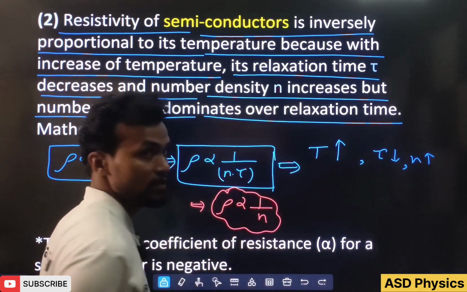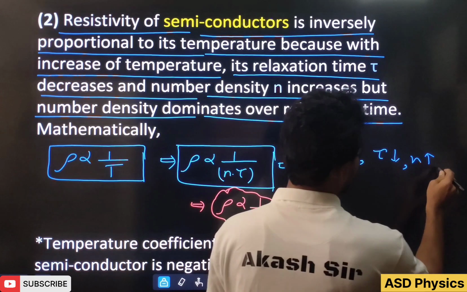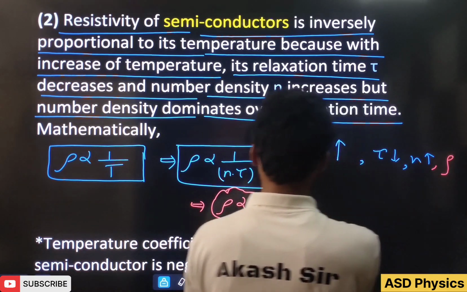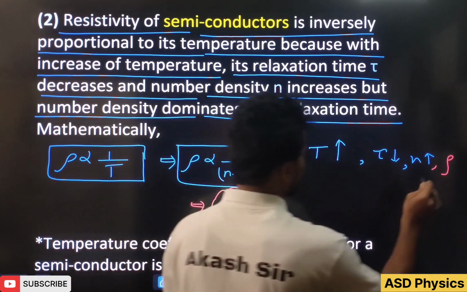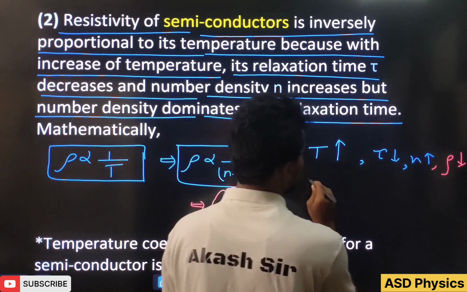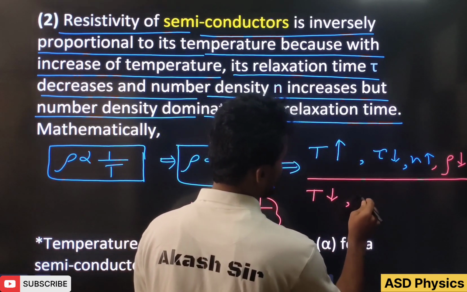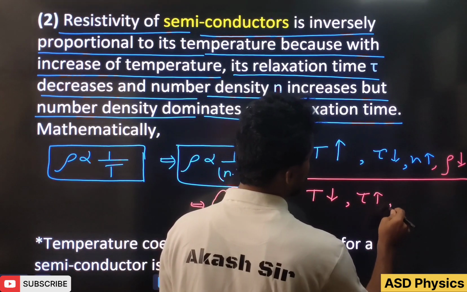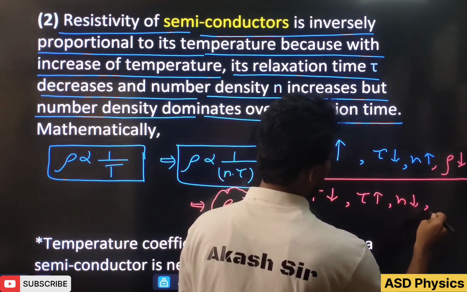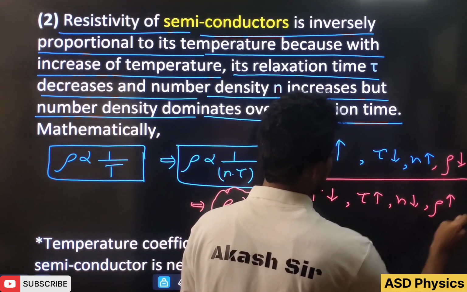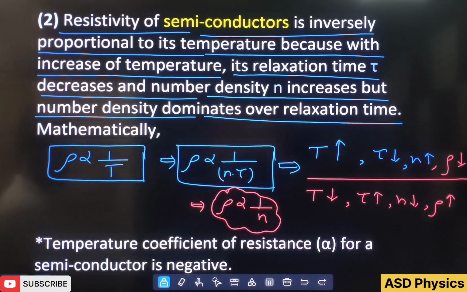As n is increasing, rho will decrease. With the decrease of the temperature also the same thing will happen. Temperature decreases, tau will increase, n will decrease, so the resistivity will increase. Students, kindly see very well.